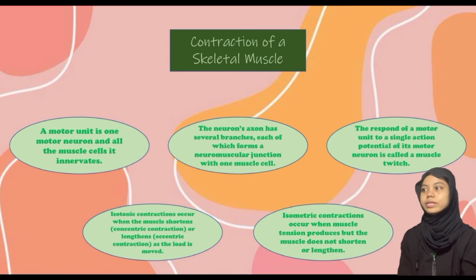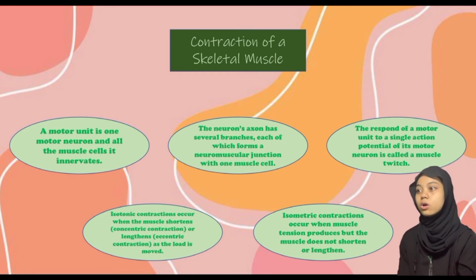A motor unit is one motor neuron and all the muscle cells it innervates. The neuron's axon has several branches, each of which forms a neuromuscular junction with one muscle cell. The response of a motor unit to a single action potential of its motor neuron is called a muscle twitch.